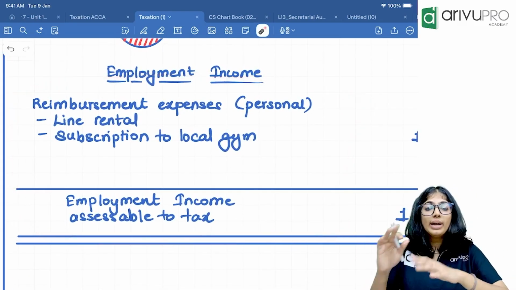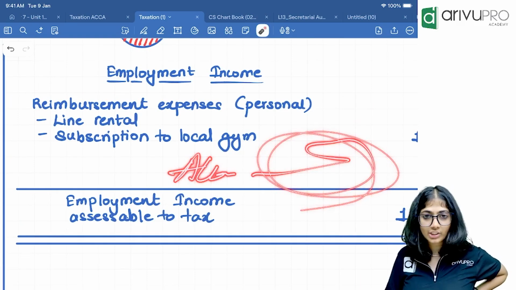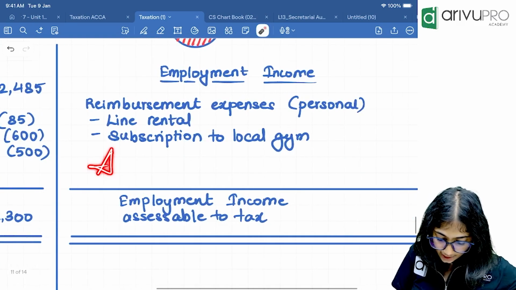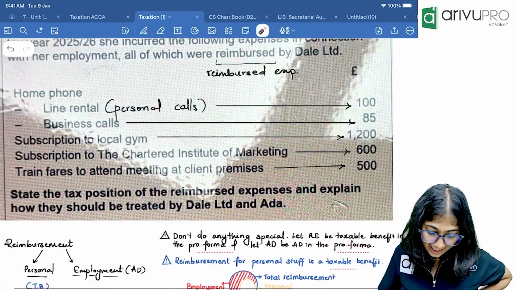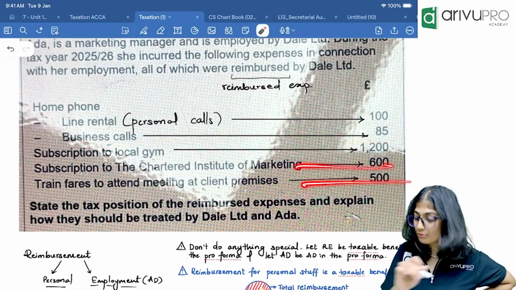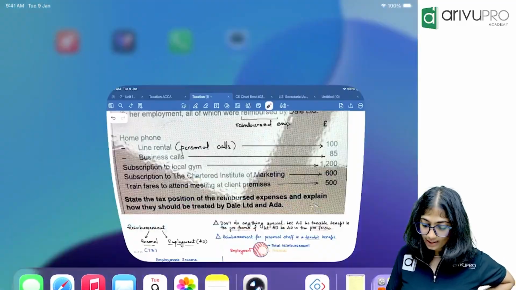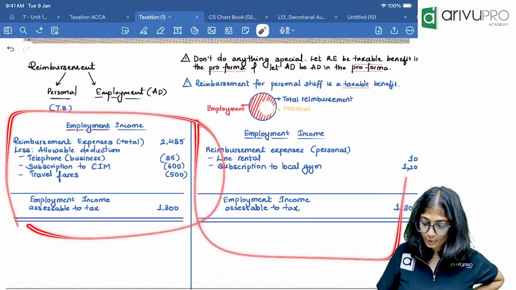Again, on the allowable deduction side, you cannot make another allowable deductions column, and you cannot again deduct business calls, 600 pounds and 500 pounds. That will be double deduction. You can't do that. Either you do this, or you do this.